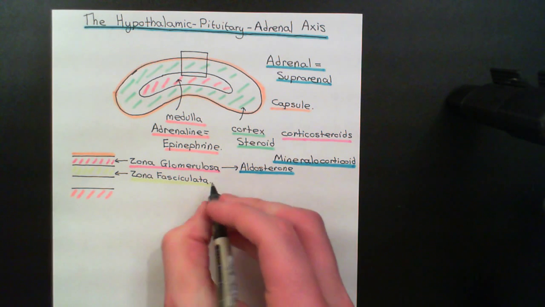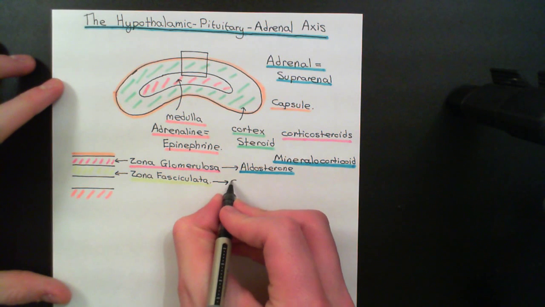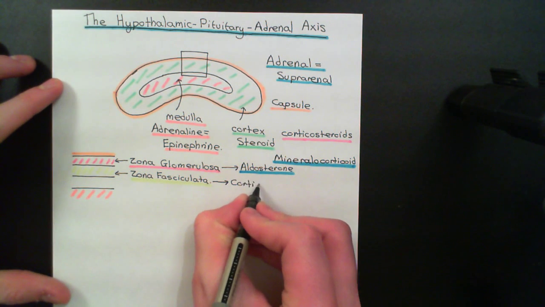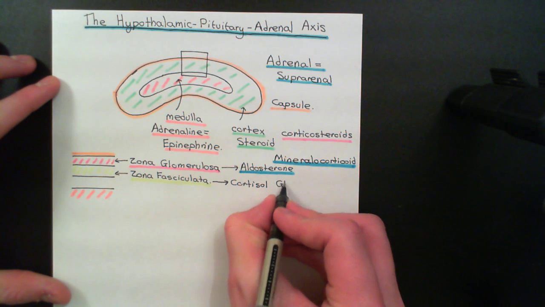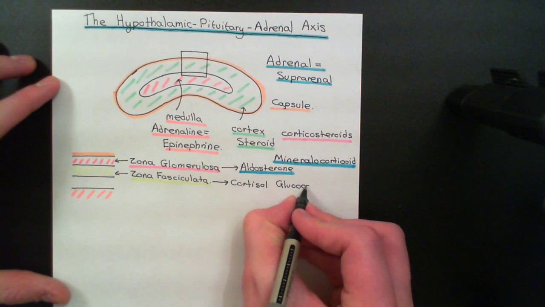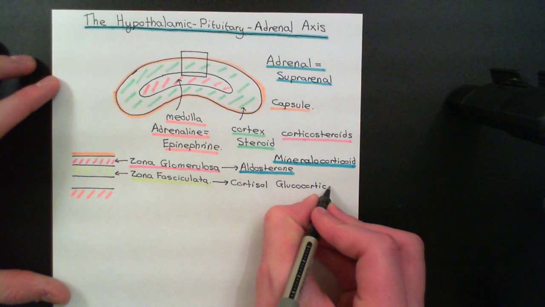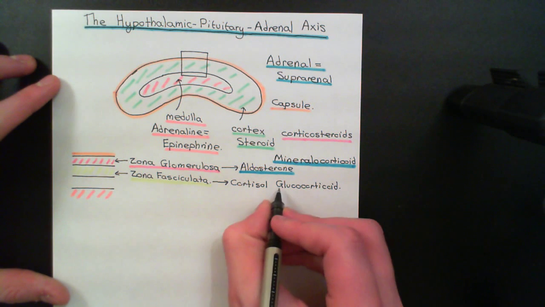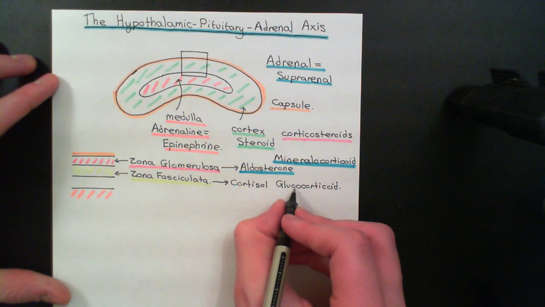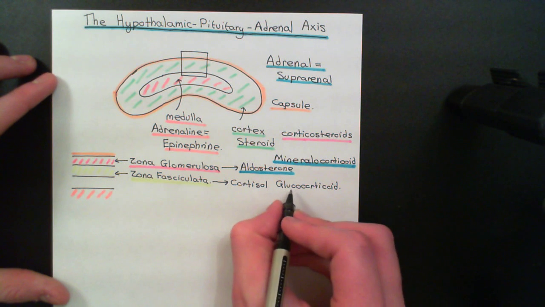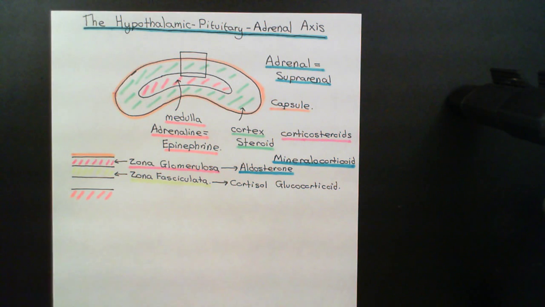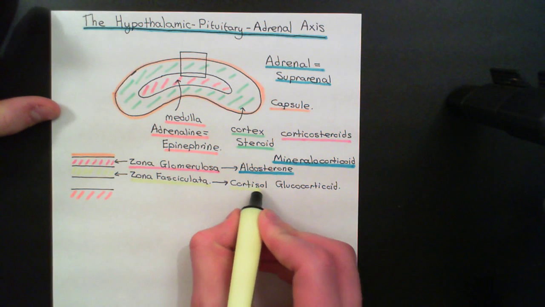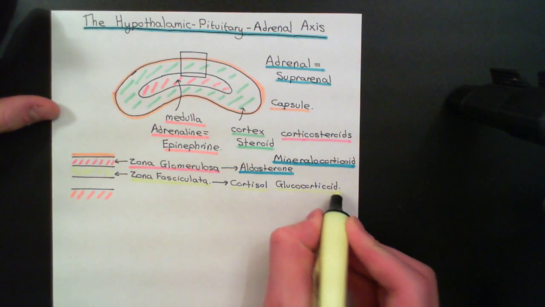As I say, this is involved in producing the hormone that we are going to spend our entire video talking about, which is cortisol, and this has a special term applied to it, which is that it is a glucocorticoid, because one of its major actions is going to be to raise fasting blood glucose level. So it affects glucose, hence it's a glucocorticoid. And again, the corticoid just refers to the fact that it is being produced by the adrenal cortex here.